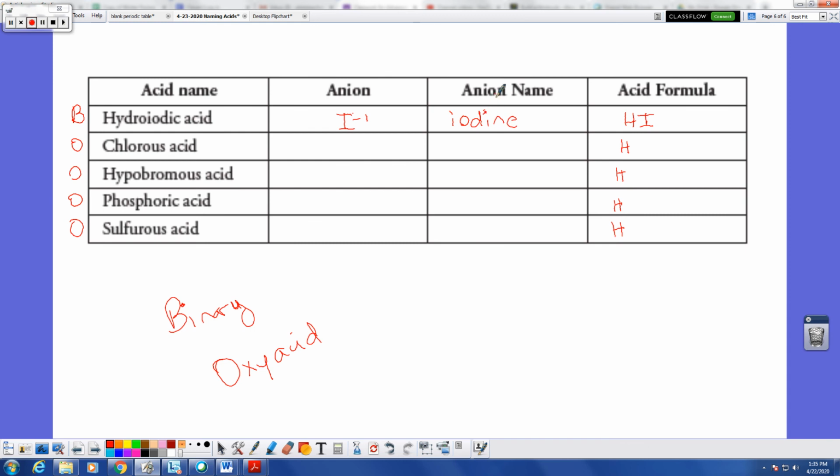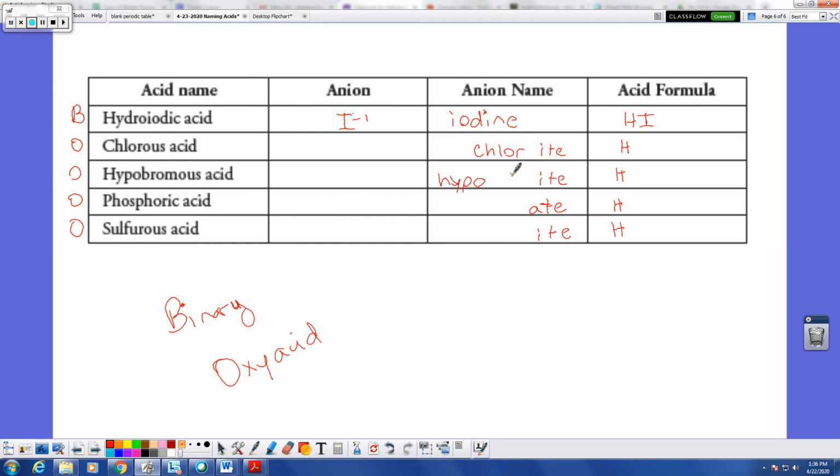Now these oxyacids. The ones that are ic were ates, right? Yes. The ones that were ous were ites. And then do I have any prefixes? I have a hypo. So I could go ahead and do the names of these by bringing over my roots.